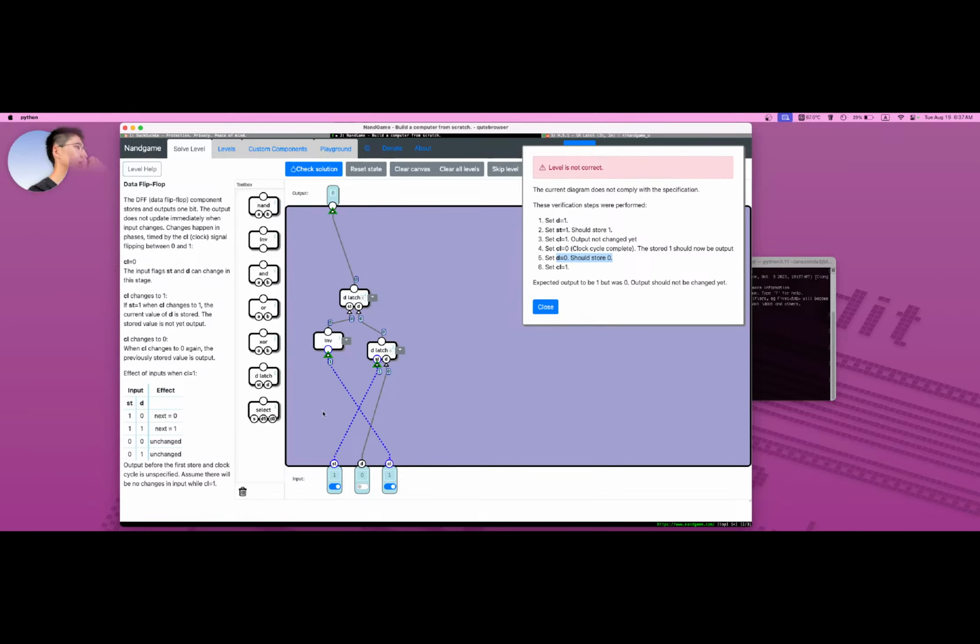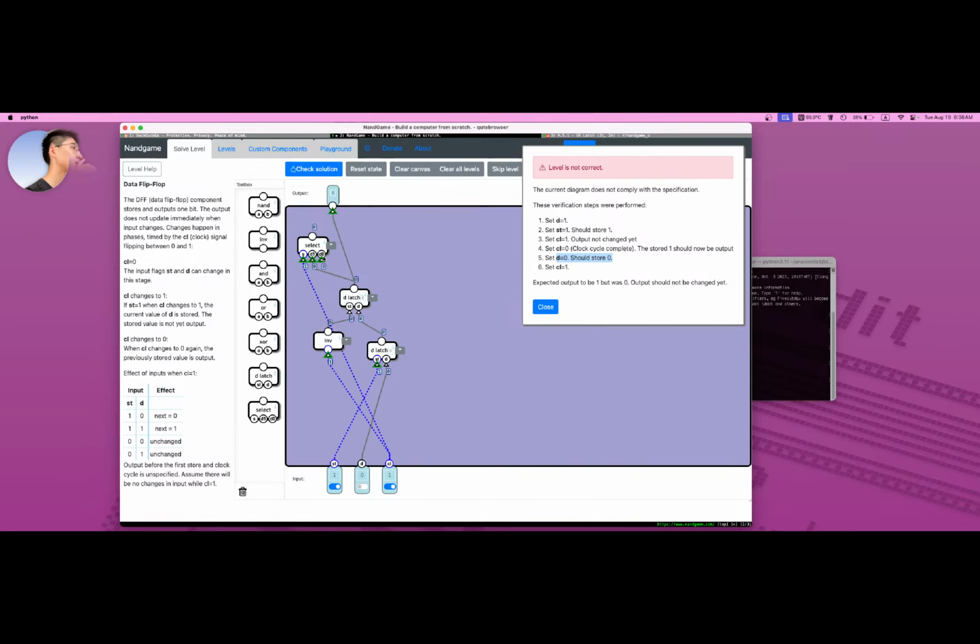What about another design? You just use select and base it on the clock. If clock is 1, output is not changed.